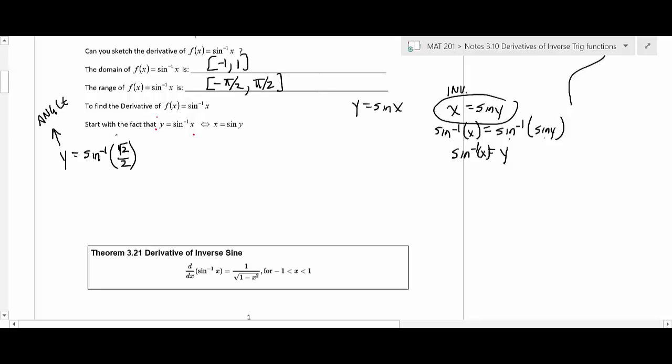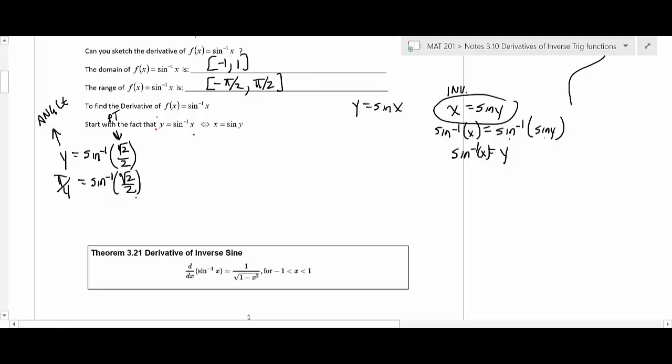This is more like a point on the unit circle. I'm keeping it simple for you. What angle has a sine that's the square root of 2 over 2? 45 degrees, right? So that angle is pi over 4, or 45 degrees, and then that point on the unit circle is this. That's what you're doing with an inverse, you are finding an angle, okay?